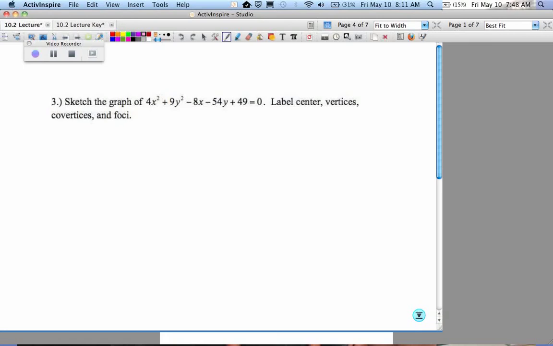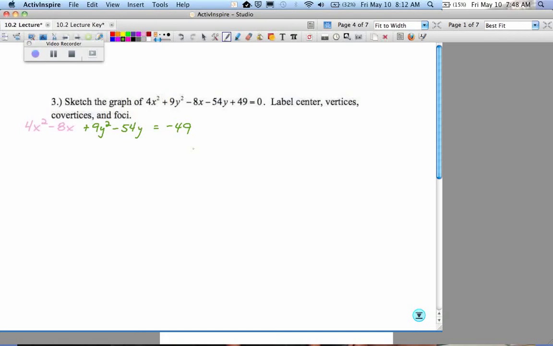So the first time I do this, I'm going to write out 4x squared minus 8x plus 9y squared minus 54y is equal to negative 49. The x squared stuff goes first, the y is second, and there's only going to be one constant.